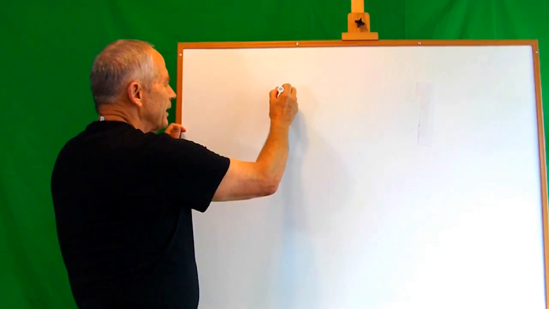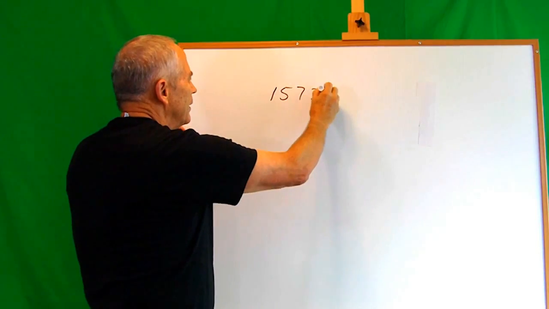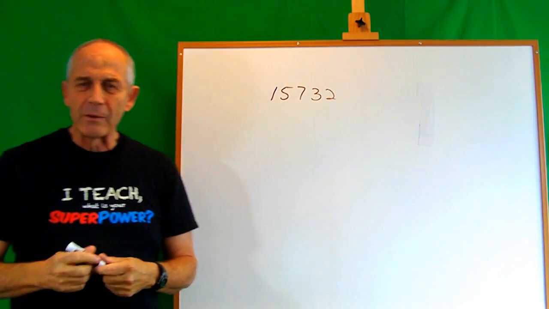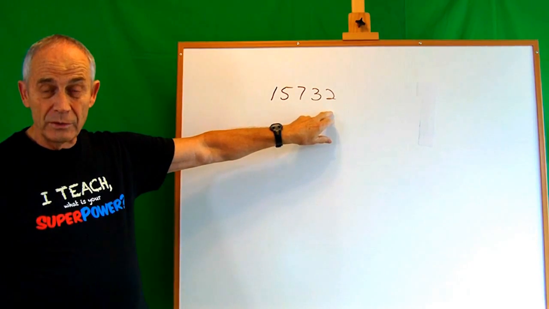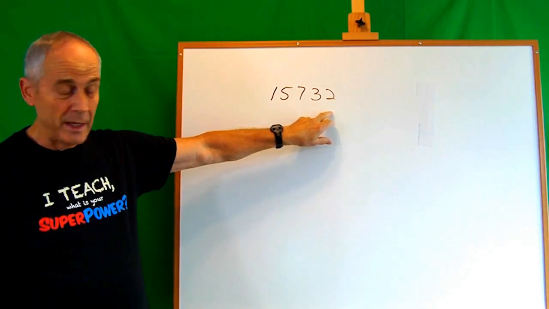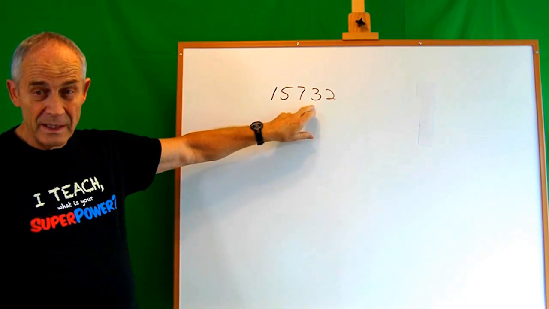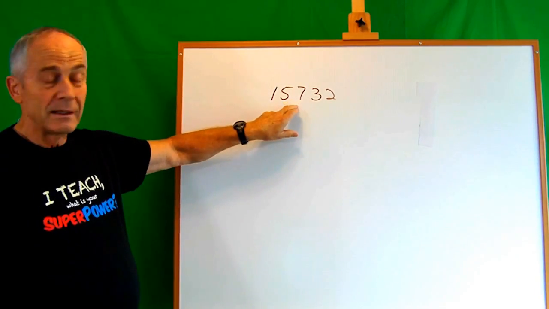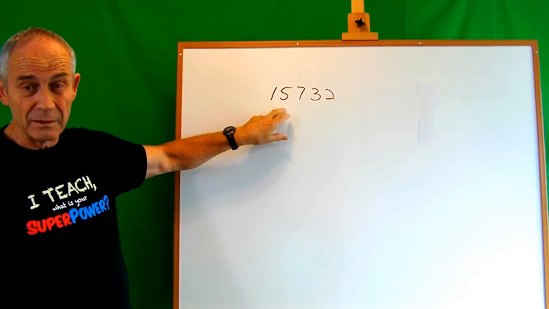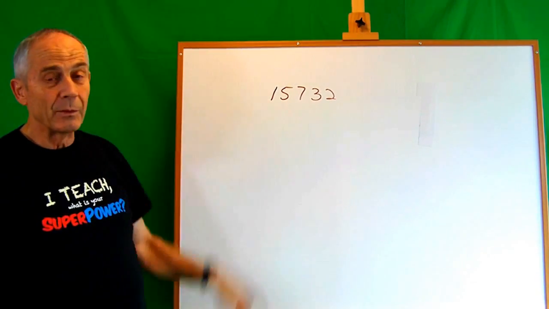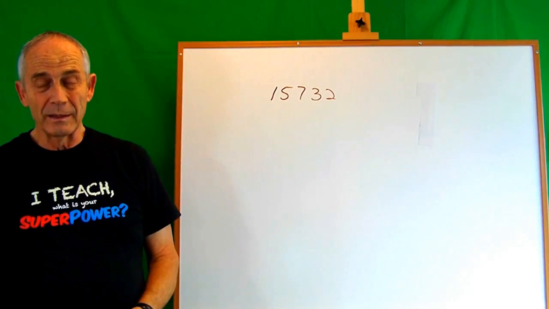If I write this number, 15,732, we know the 2 is in the ones place, the 3 is in the tens place, the 7 is in the hundreds place, the 5 is in the thousands place, and the 1 is in the 10,000s place.